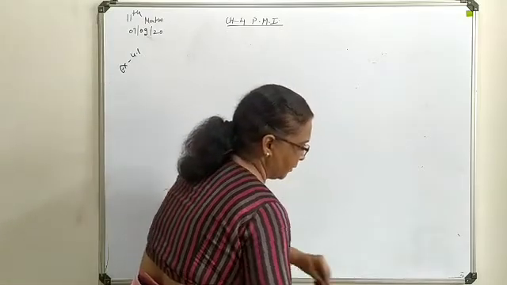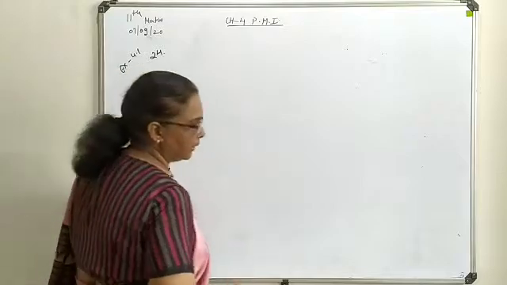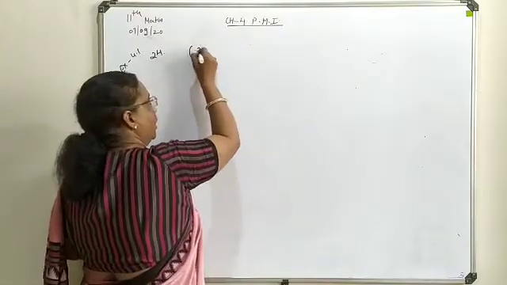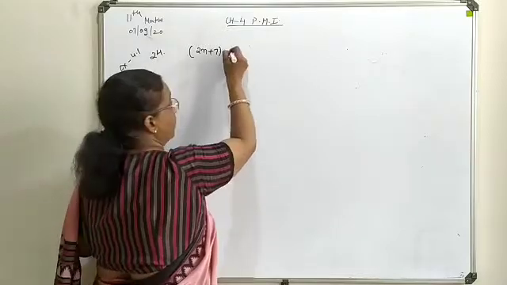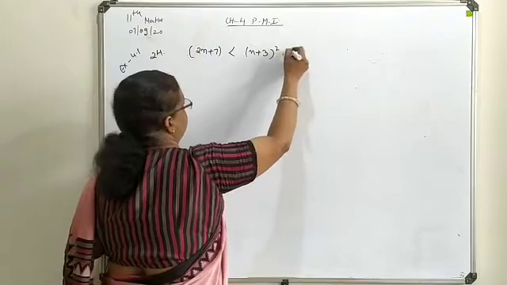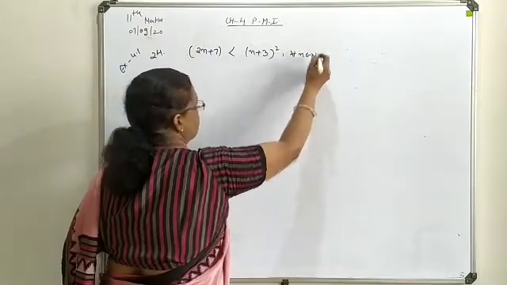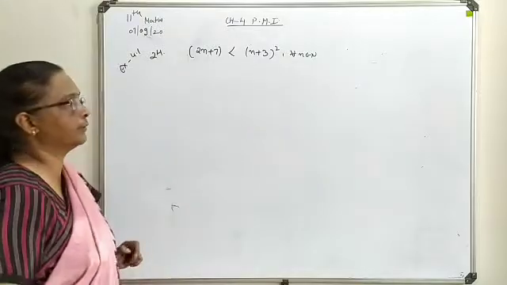So let's start first with question number 24, that is available as an inequality form: 2n plus 7 is less than n plus 3 whole square. This is to be proved for all values of n.